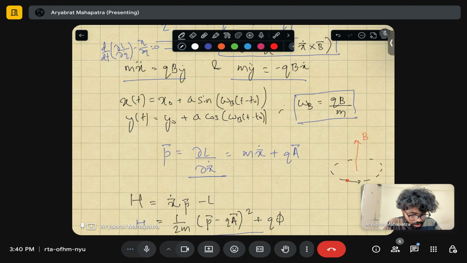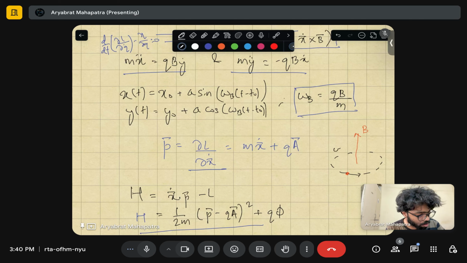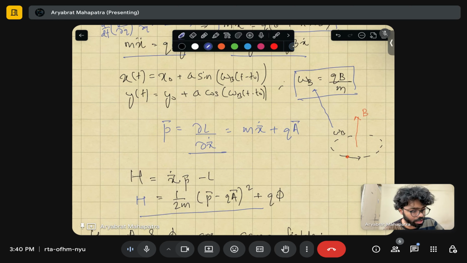If you want to know the time period, or the frequency with which it completes one revolution, that is called the cyclotron frequency, omega b, which is this. From here you can get the time period. I think you are all aware of this dynamics of a charged particle in a constant external magnetic field.